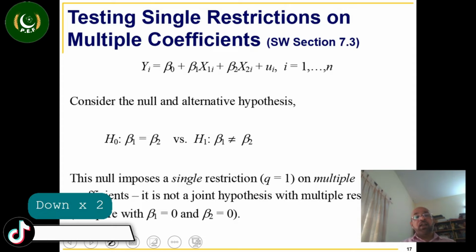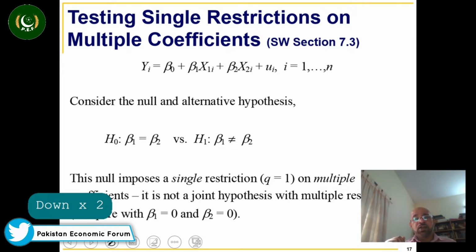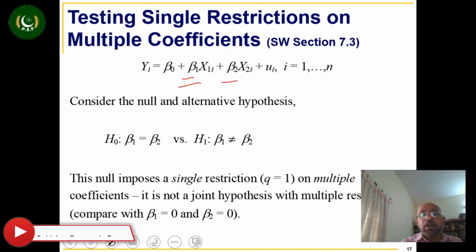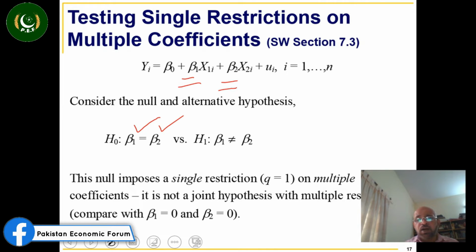Another possibility is when you are testing beta 1 equal to beta 2. Now there are two possibilities. If you are doing it in software, there is no issue and no need to transform.